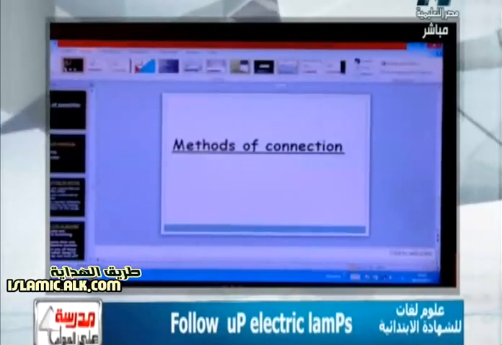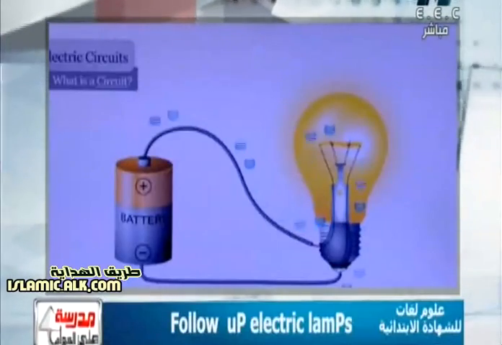Okay, so now we will show a short video about how to make a simple electric circuit by using the lamp, the wire, and the battery. So let's see this video about how to make an electric circuit.